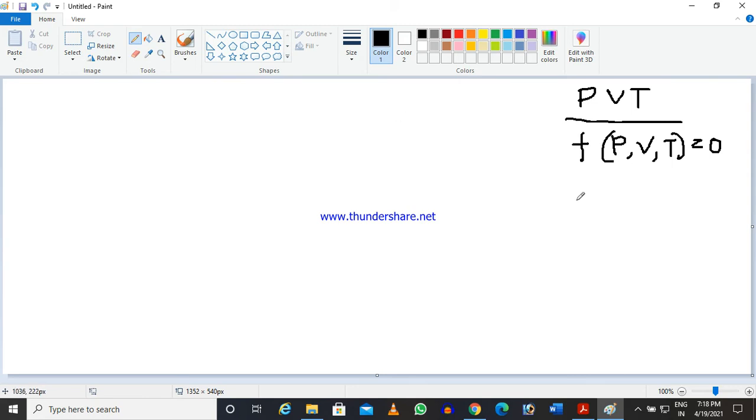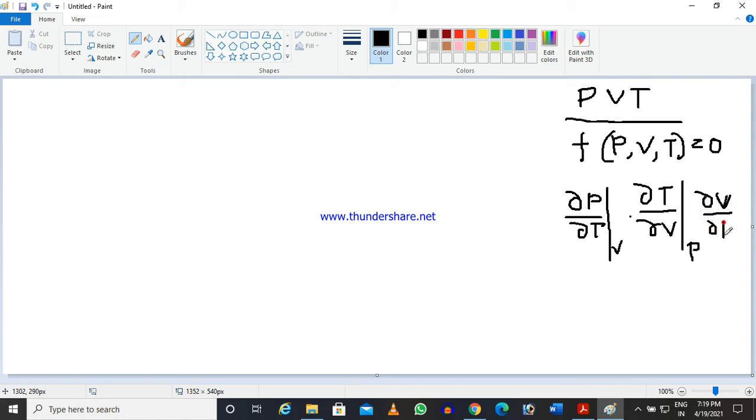In such case, we have to prove that del P del T at constant volume into del T del V at constant pressure into del V del P at constant temperature.